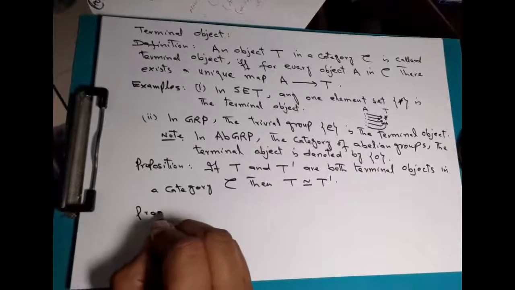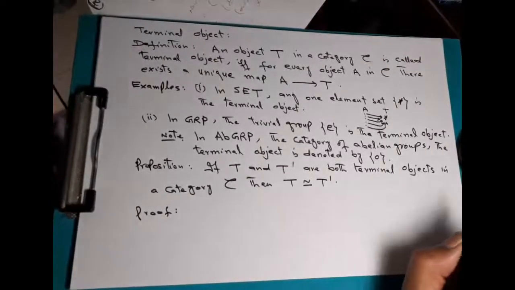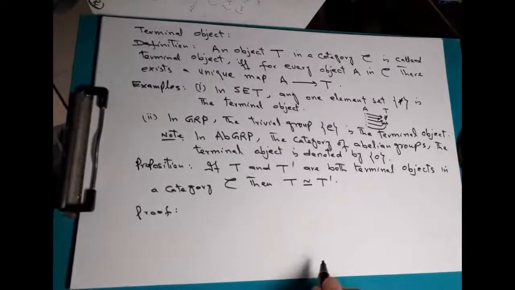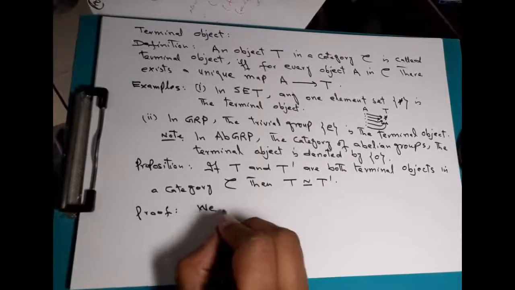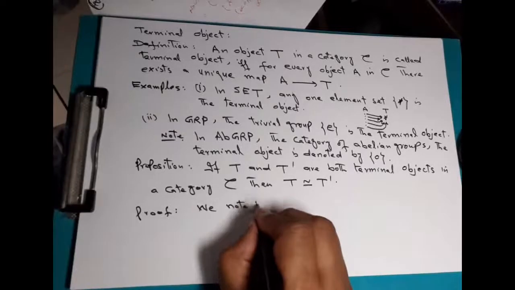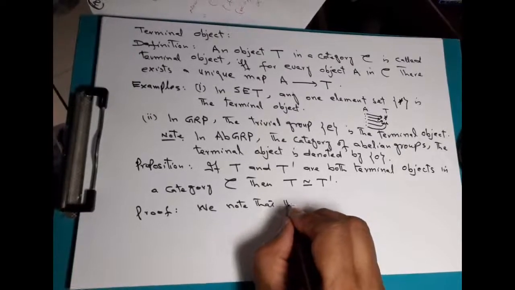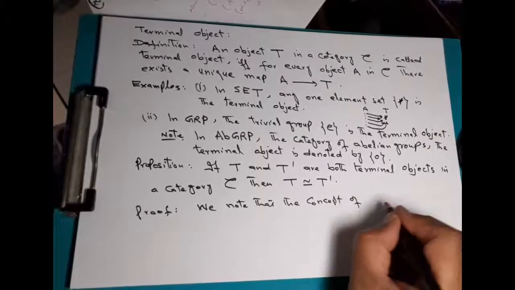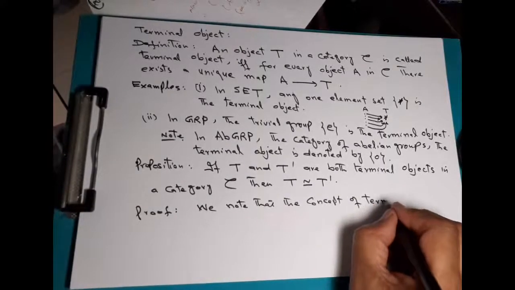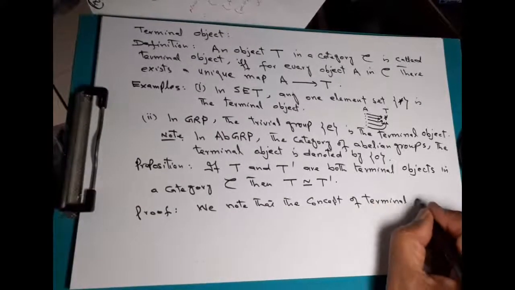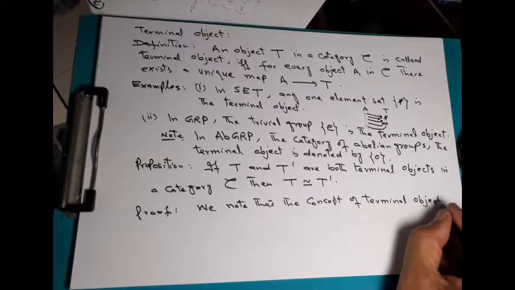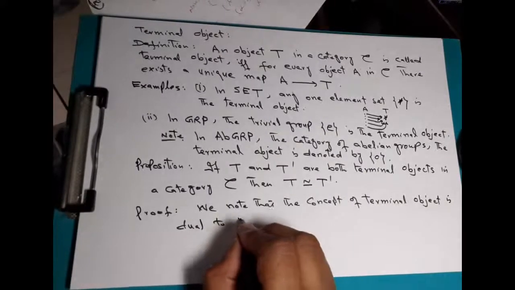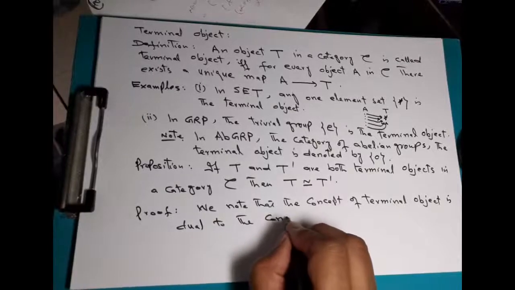So for the proof, note that the concept of terminal object is dual to the concept of initial object.